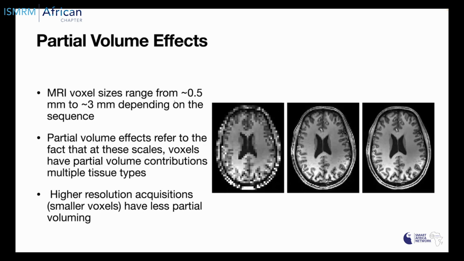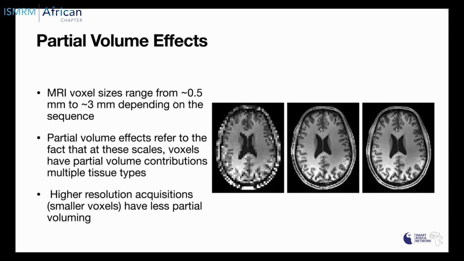But partial voluming at these scales means that in a 3 millimeter voxel, your voxel is not going to be homogeneously filled with exactly one type of tissue. Imagine a voxel that is on the boundary of gray and white matter. It could have 50% gray matter, 50% white matter, or be at any other type of tissue boundary.